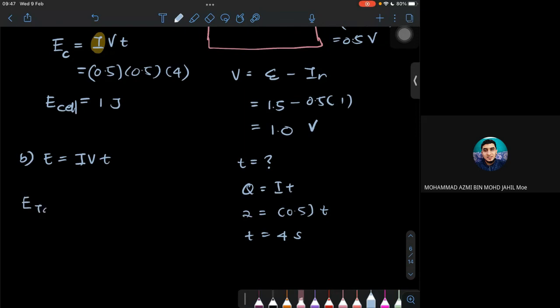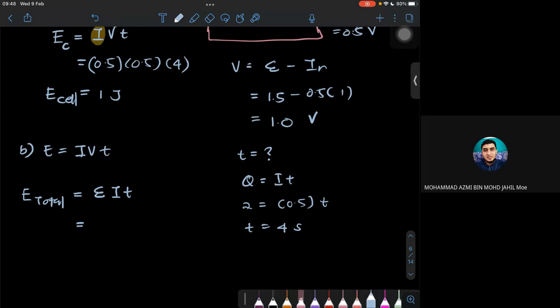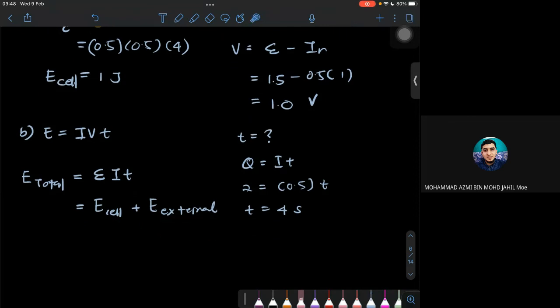Total energy adalah sama dengan EIT, right? EMF times I times T, which is also equal to the E at the cell tambah dengan E at the external. So this one at the resistor, this one at the battery.